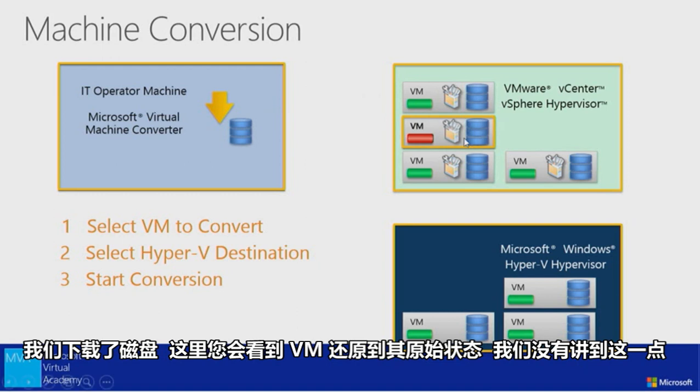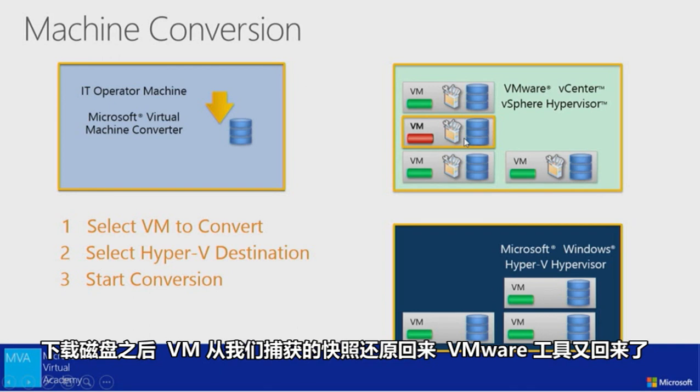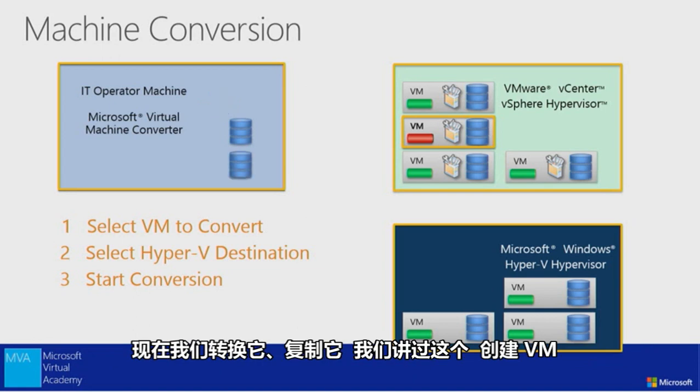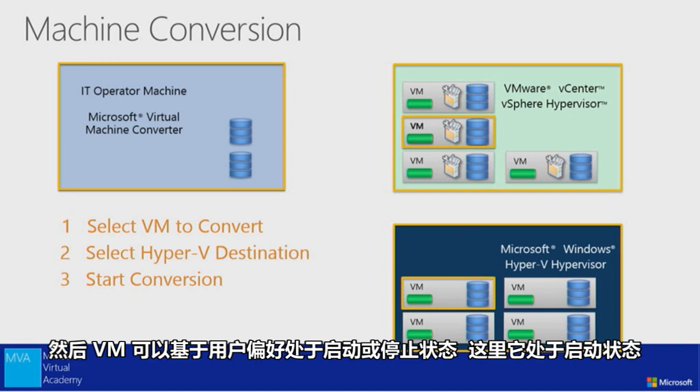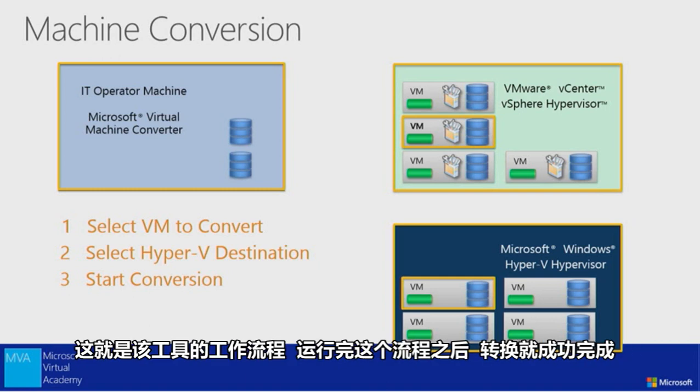So once we download, the VM is restored from the snapshot we took, so it has the tools back on. And now we convert it, copy it, create a VM, and attach the VHDs. We spoke about all of that. And then the VM can be in a started or a stopped state based on user preference. Here it is in a started state. So that's the workflow of the tool.